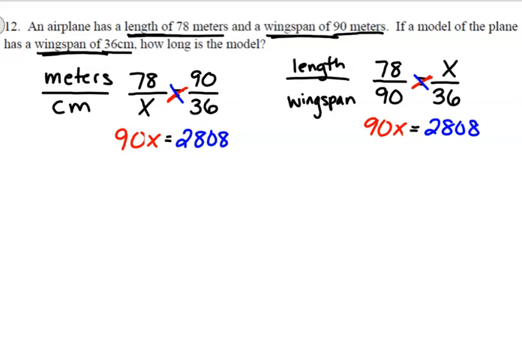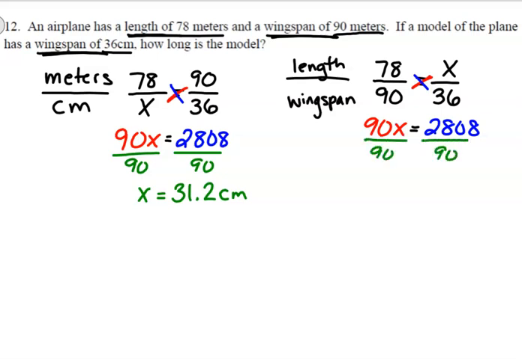So what I'm showing you is you and someone else might write a different proportion, but as long as you are cross multiplying the same numbers, you're getting the same answer. And so there's more than one correct setup as long as you're cross multiplying the correct values. So if I divide both sides by 90, we get 31.2 centimeters.